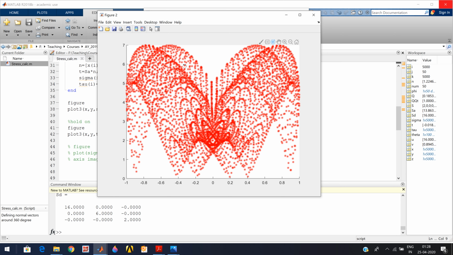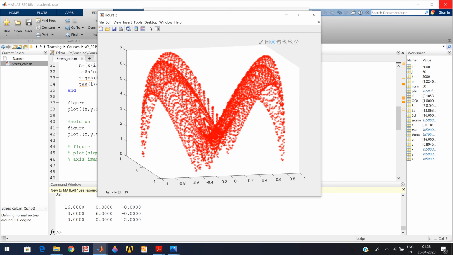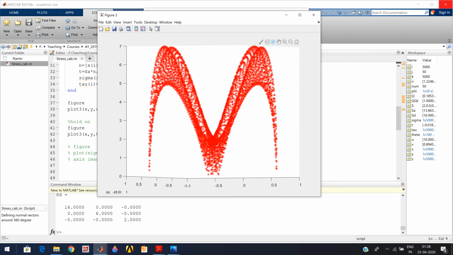Sigma 1 was 16 and sigma 3 is 2, so it is 16 minus 2, that's 14 by 2, 7. Another extremum value will be sigma 1 minus sigma 2 by 2, so 16 minus 6 by 2, which is 10 by 2, 5. So you can see one gradient change here, around 5, in this picture.